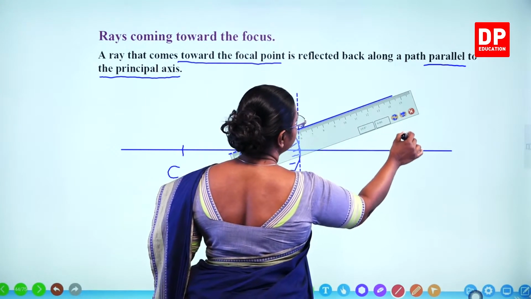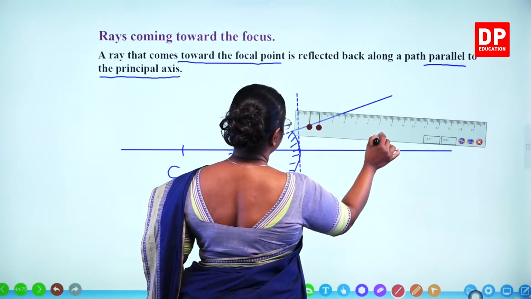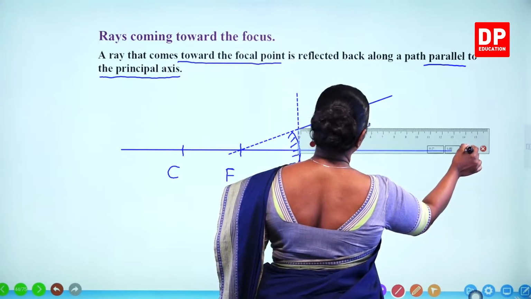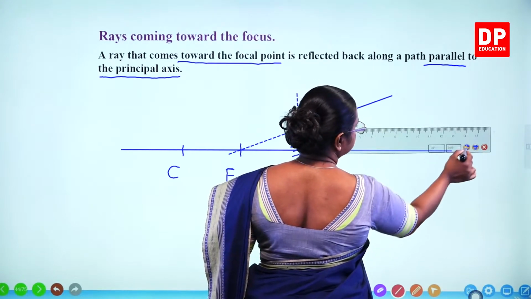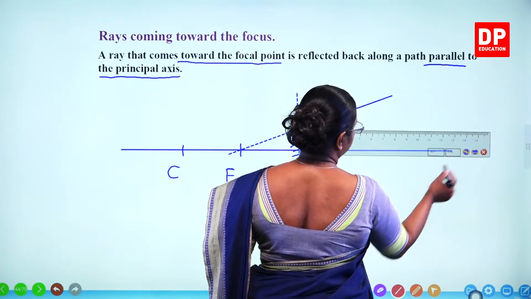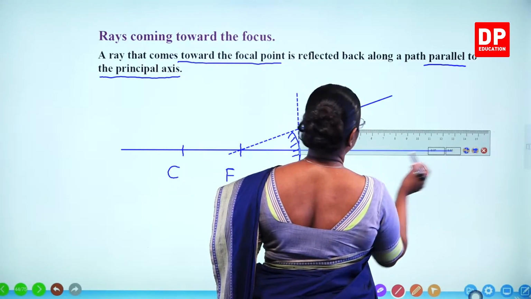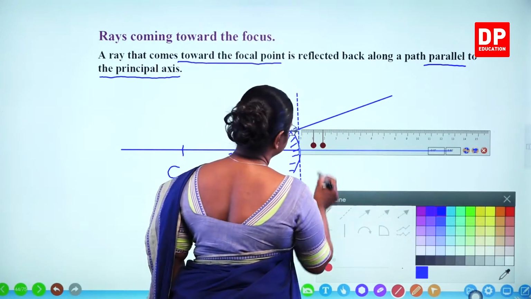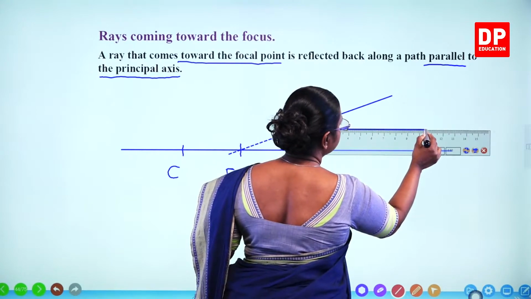So then the reflected ray will be parallel to the principal axis. You have to draw a parallel line. This will be the reflected ray.